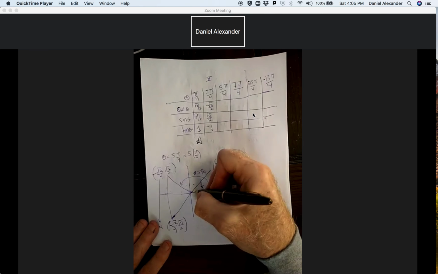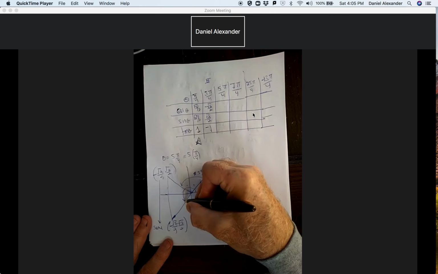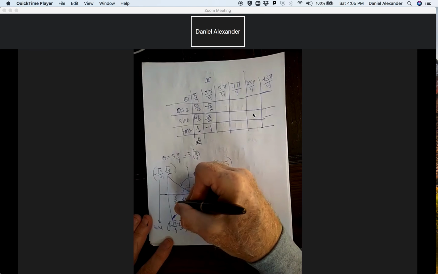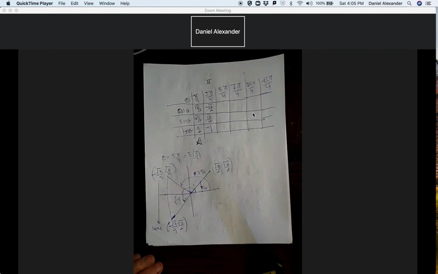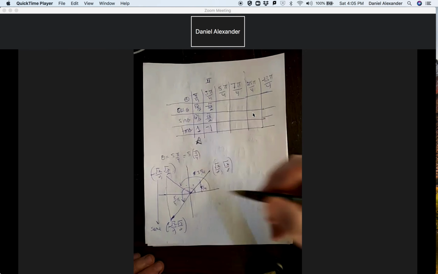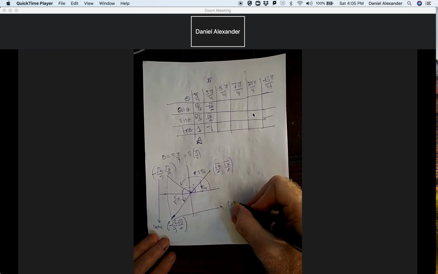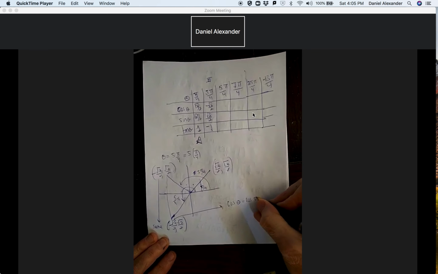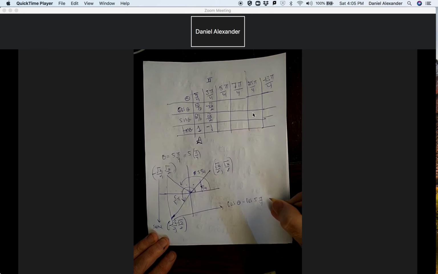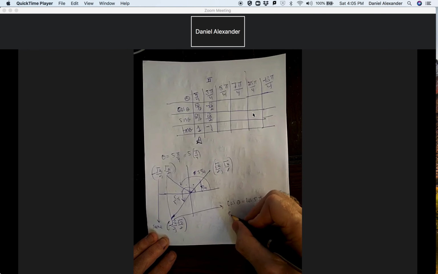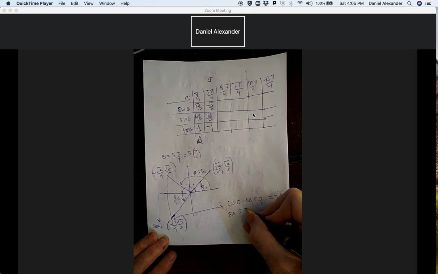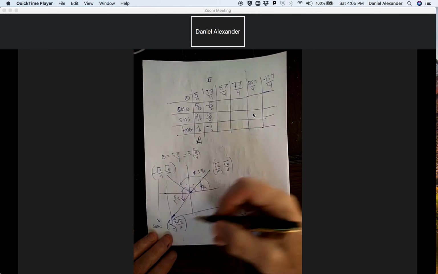So this is going to be my angle 5 pi over 4. 5 of those, and then this is cosine. That's going to be, again, minus square root of 2 over 2. The sine of 5 pi over 4 is minus square root of 2 over 2.